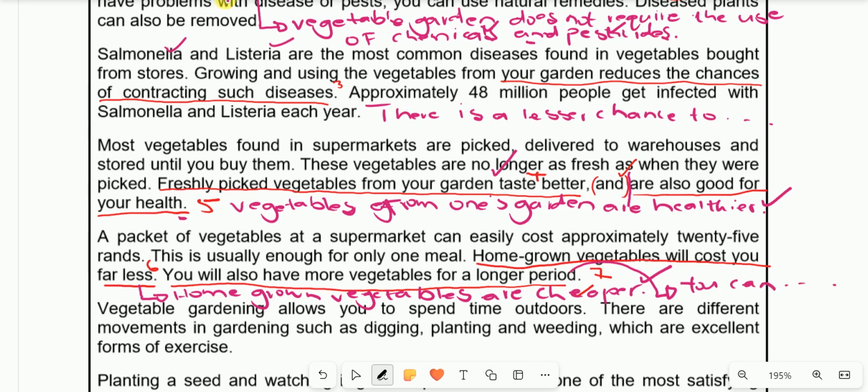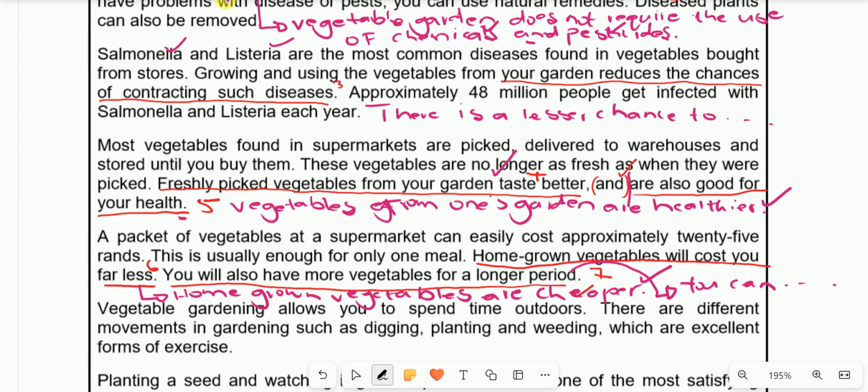Instead of saying for a longer period, I said what? Last long. And there's your 7 facts. So what you need to do in other sentences, you can play around with word order. You take the subject to become the object, to become the subject of the sentence. But I would say the easiest one is the use of what? The use of synonyms.